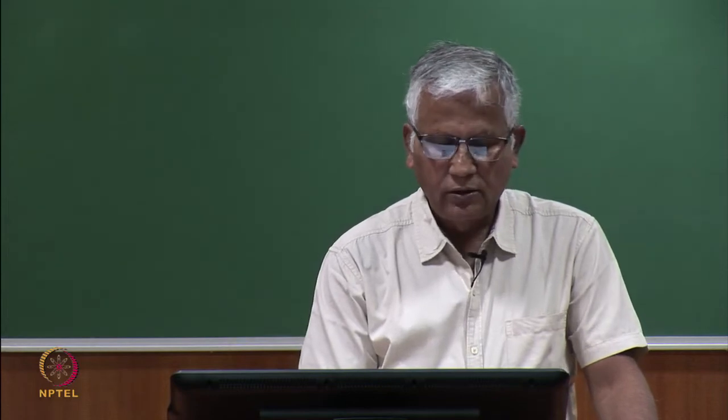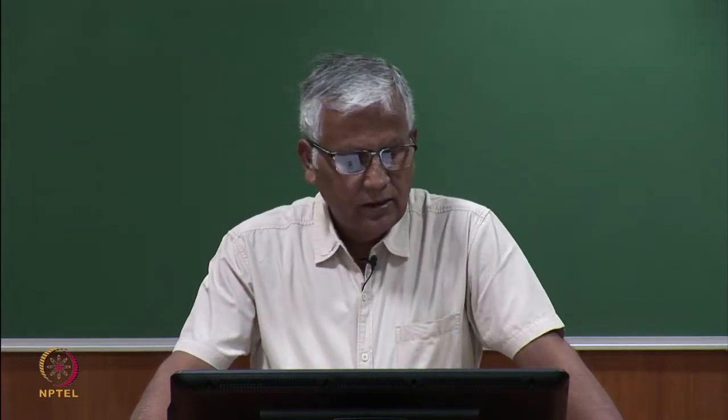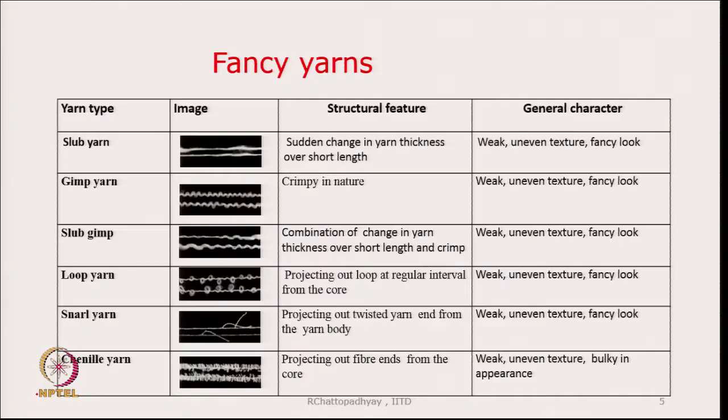So, from there we go to the fancy yarn side. Now, there are so many types of fancy yarns which are produced by the industry. So, we have slab yarns, gimp yarns, then slab and gimp combinations, loop yarns, snarl yarns, snail yarns. So, structural features and general characters are stated here.